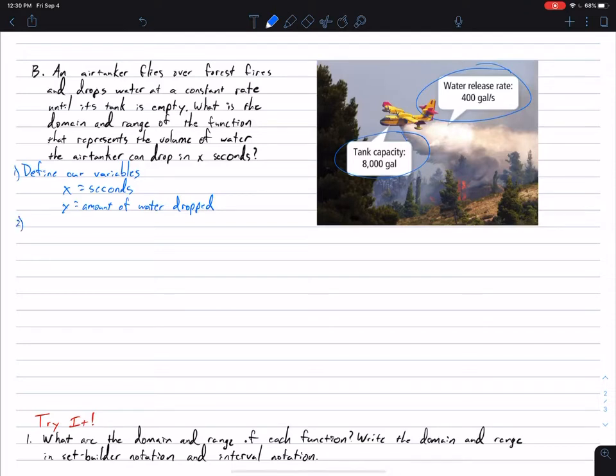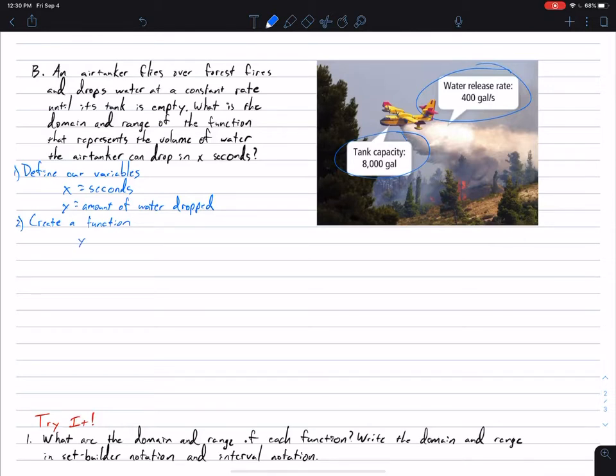So next, after we define a variable, we want to create a function. We need some type of function that we can look at to determine domain and range. So we'll say create or define a function. We know that the amount of water dropped is based on the seconds that have passed.